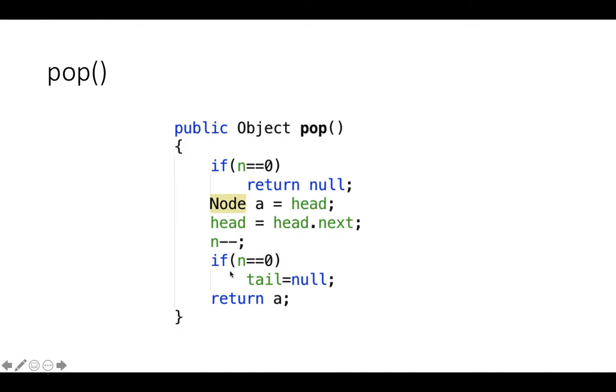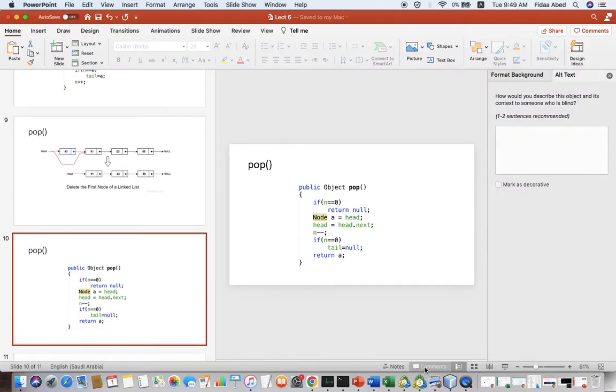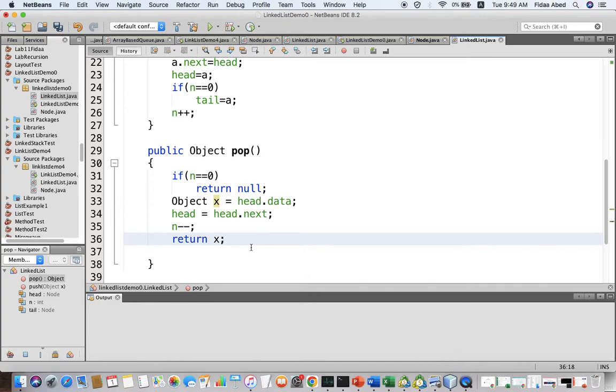We just forgot one case: if the linked list has only one node, and we deleted that node, in this case head will be head.next, but head.next will be null because it's only one node.